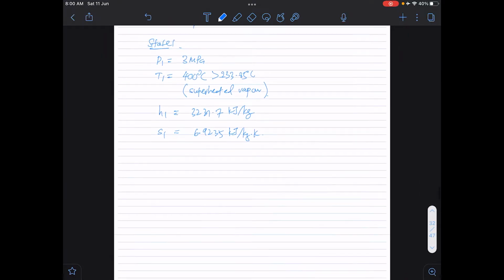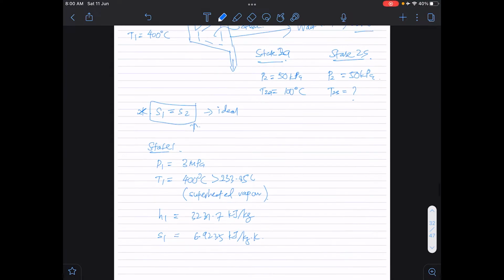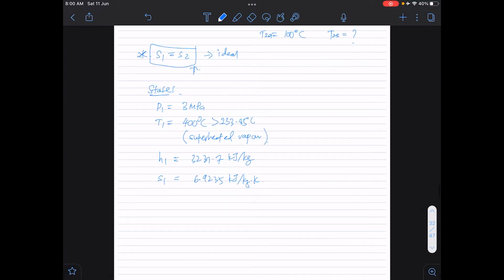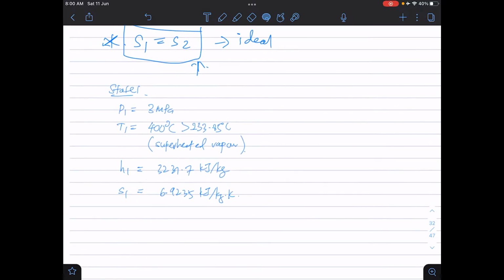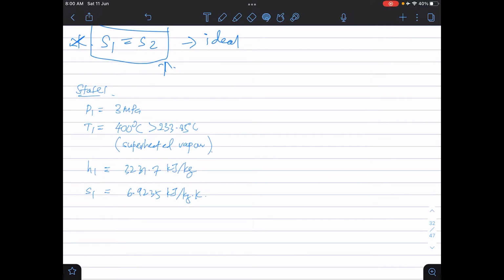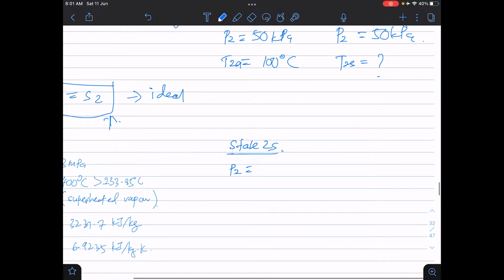Right, so the next step is to determine state 2s, because we still do not know the value of T2s. For state 2s, P2 is equal to 50 kPa.